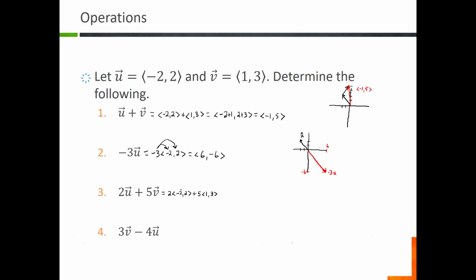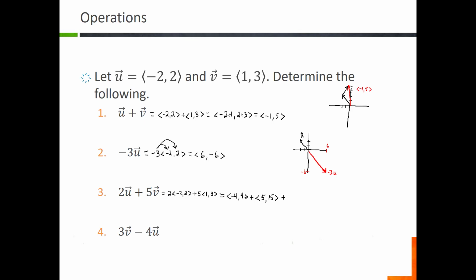So when we multiply scalars, remember we're going to first multiply both components, following normal rules of operation. Multiplication happens before addition. So our first vector is going to become negative 4, positive 4 plus 5, 15.